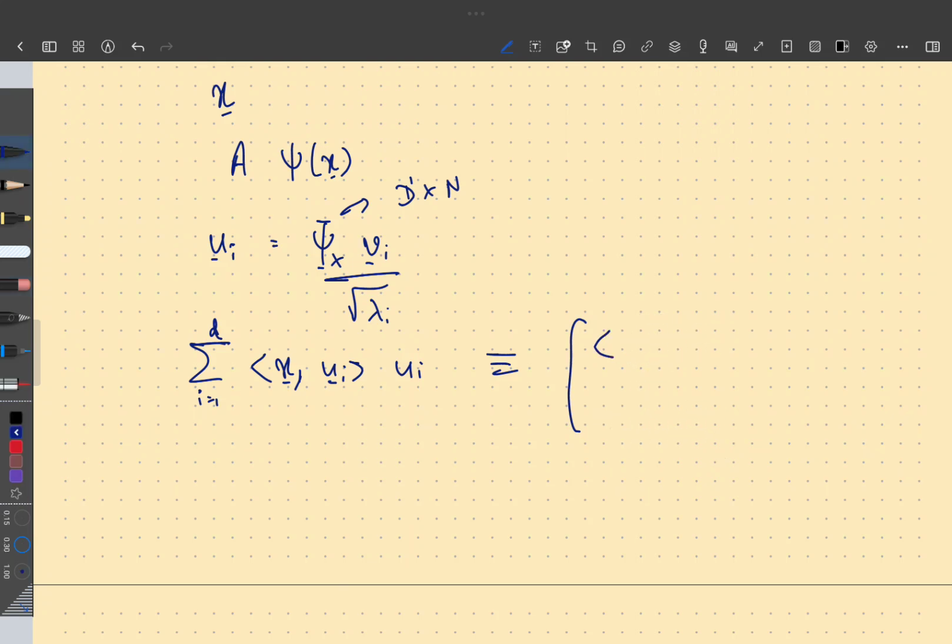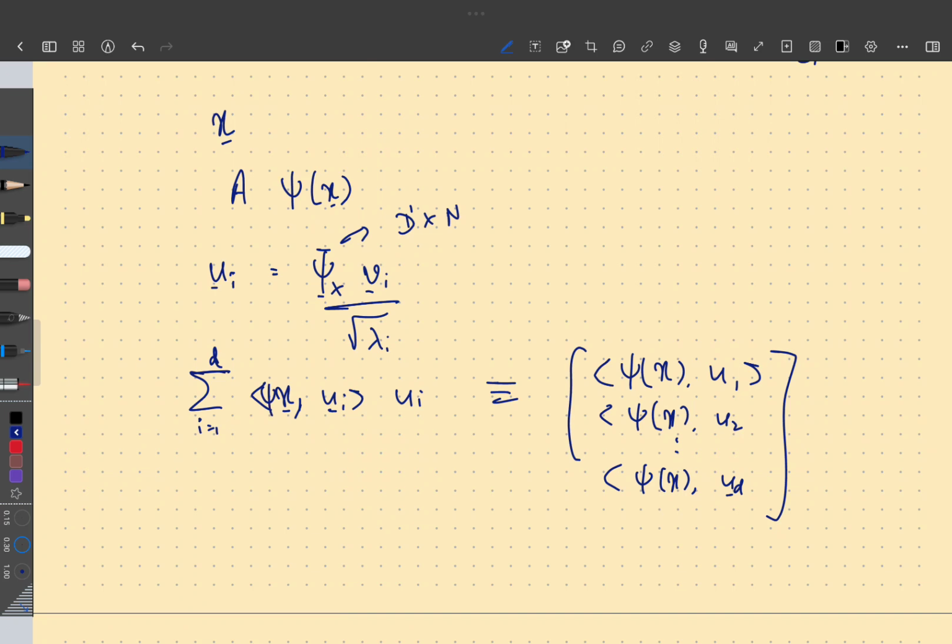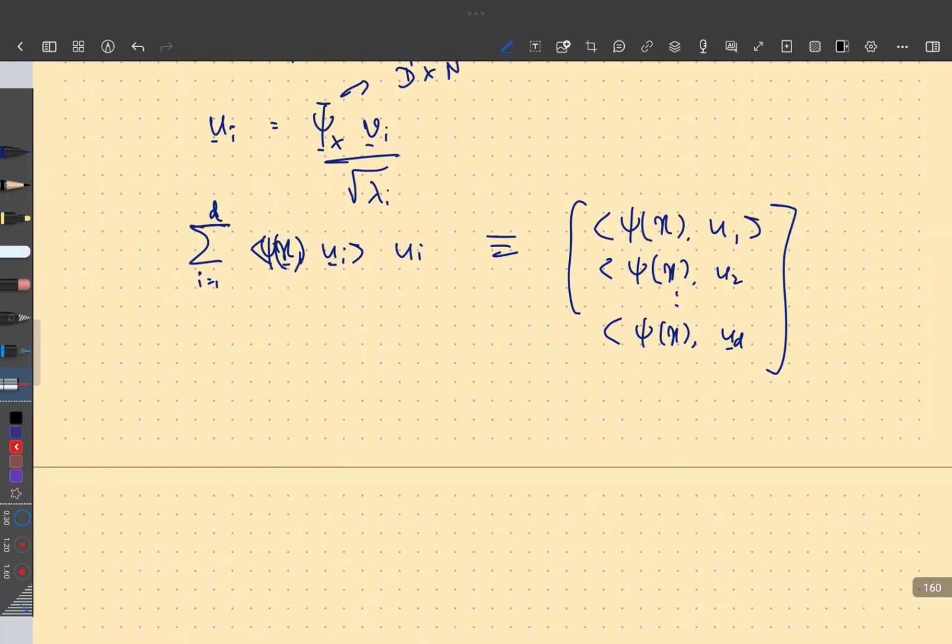In fact, maybe this is a little misleading because the ui's are in the high dimensional feature space. I should really say the inner product between psi of x and u1, psi of x and u2, up to psi of x and ud. Right, so this is the low dimensional approximation of a given new vector x.